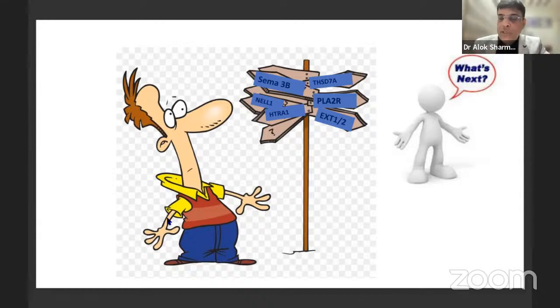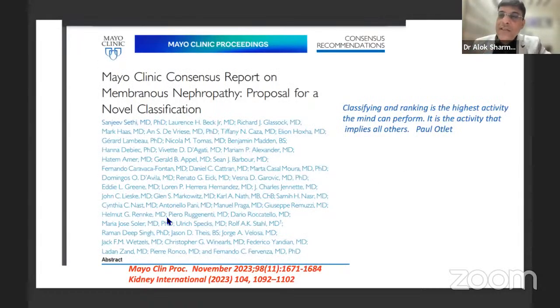There was confusion because these target antigens were discovered so quickly. There was no time to sit back and see what exact clinical picture we want to fit them into and help the clinician. Most of these antigens were discovered by Mayo Clinic, and it was natural that they come up with a consensus report to clear the confusion.